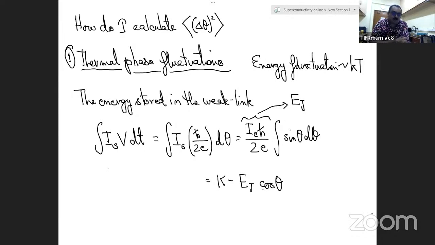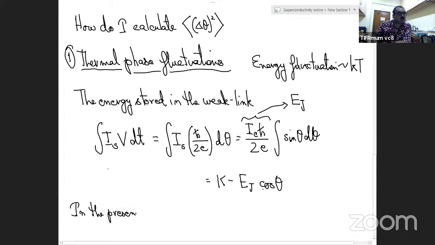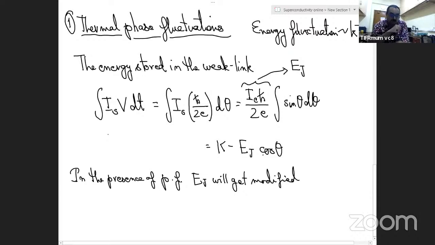Okay. So now, what would happen in the presence of phase fluctuation? In the presence of phase fluctuation, Ej will get modified. Why and how?